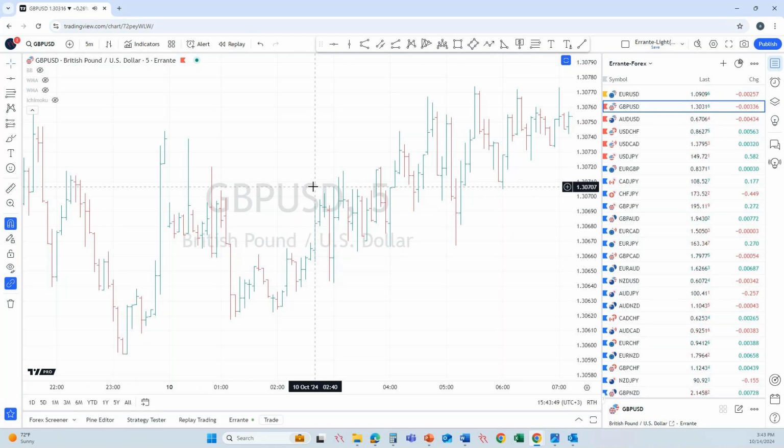So a pin bar has a small body and a very long shadow or wick on one side, showing us that price was rejected at one extreme, either high or low, during that period. The shadow shows where price attempted to go but failed, and the small body indicates that the market closed near the open.